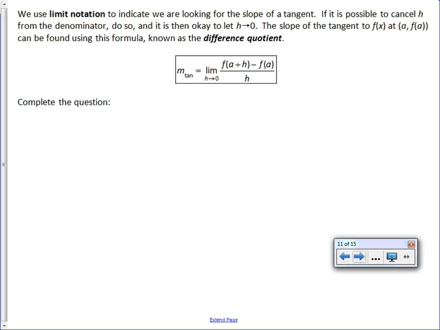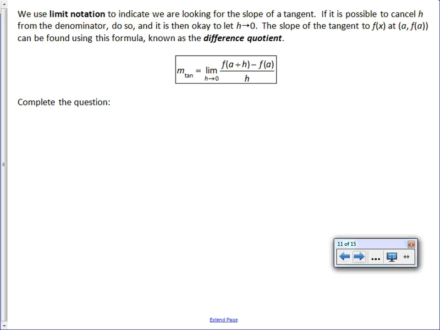If it is possible to cancel h from the denominator, do so, and it is then okay to let h approach 0. The slope of the tangent to f at x equals a, f at a, can be found using this formula. And whenever we use this formula, we say that we're using the difference quotient. The difference quotient because it's really a quotient of differences.